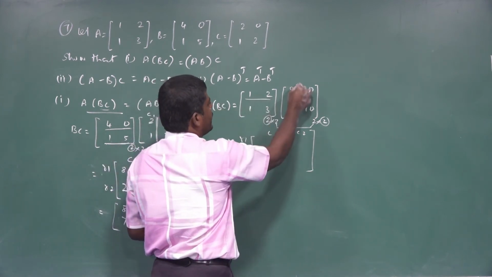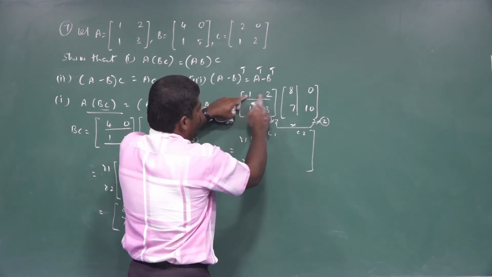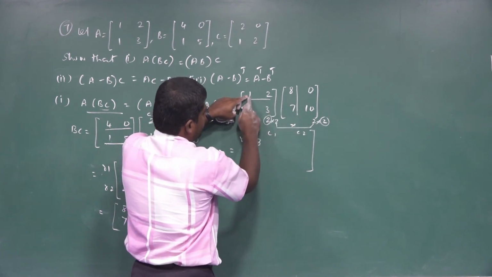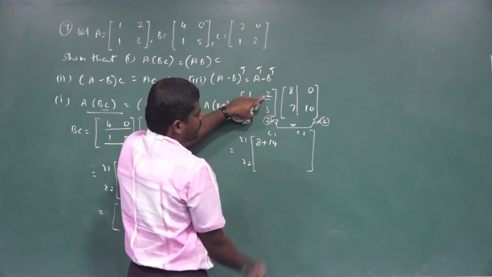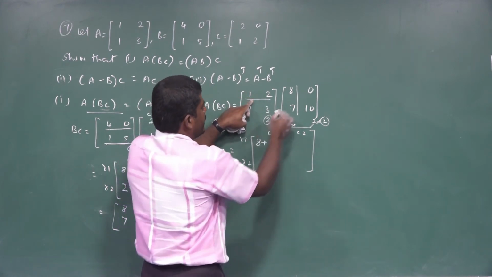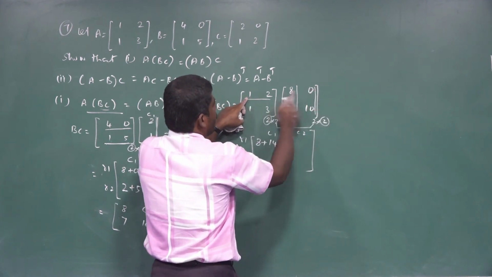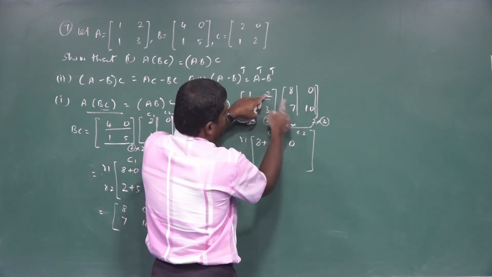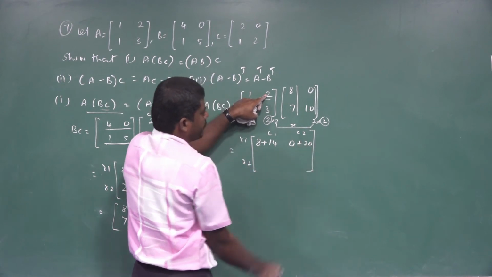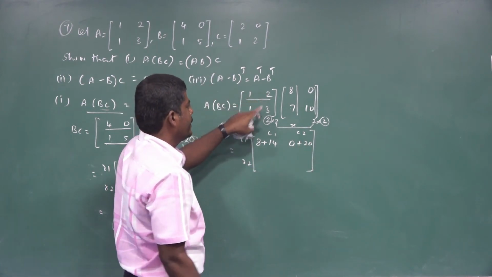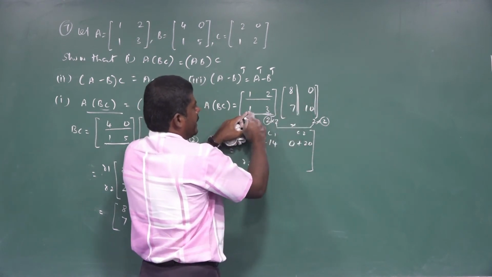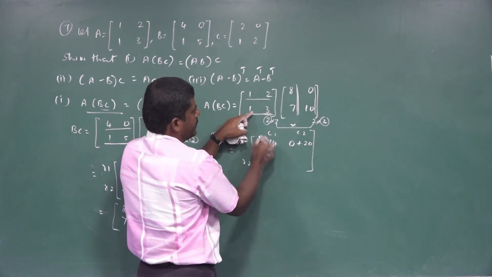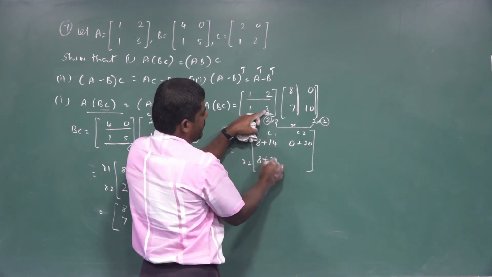Take first row and first column. You multiply: 1 8s are 8. Next 2, here 7. 2 7s are 14, plus 14. So first column is over. Next you multiply with the second column. 1 multiplied by 0, 0. 2 multiplied by 10, 20. Next we come to the second row, first column. 8 ones are 8. 3 7s are 21, plus 21.